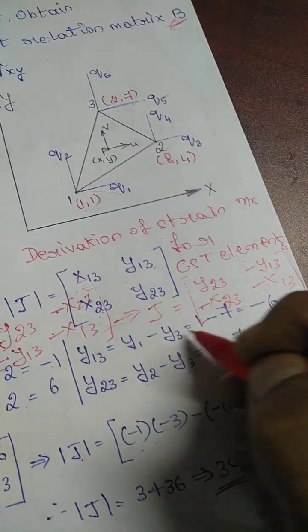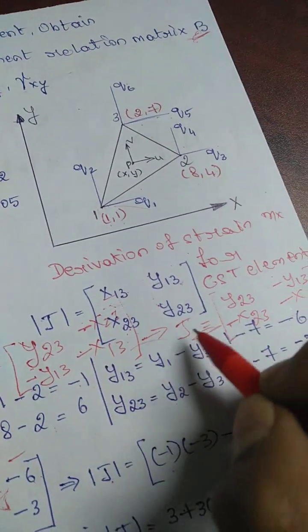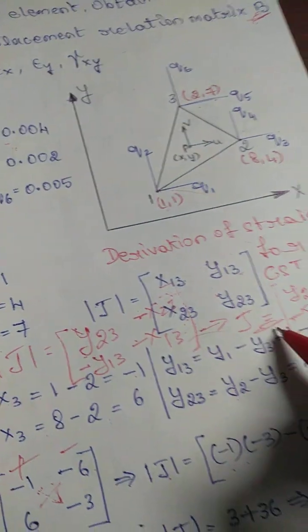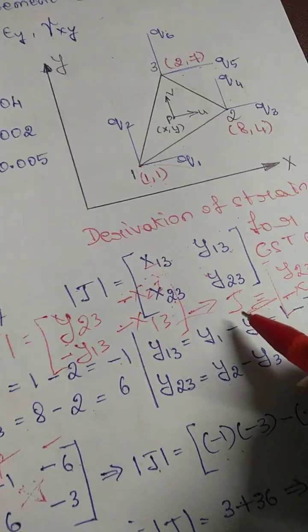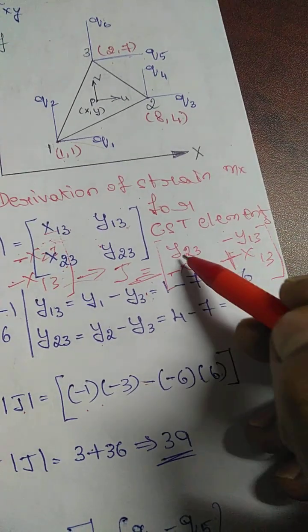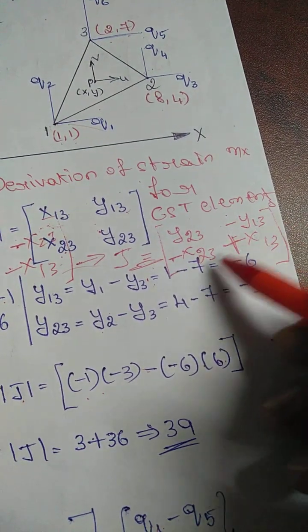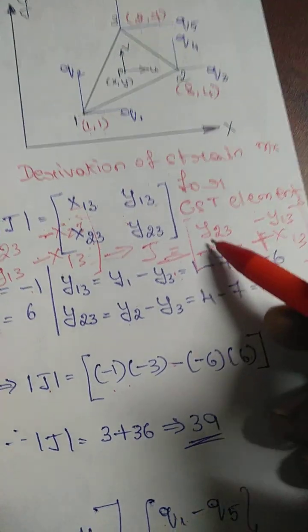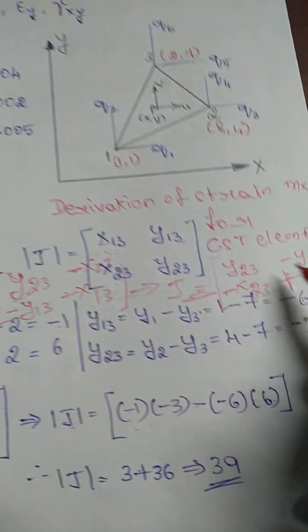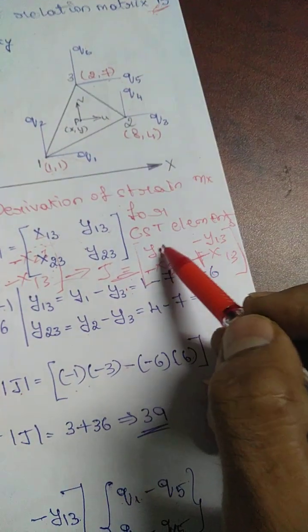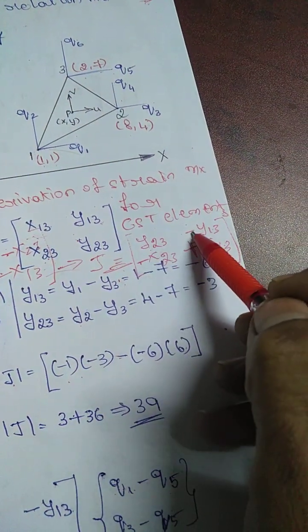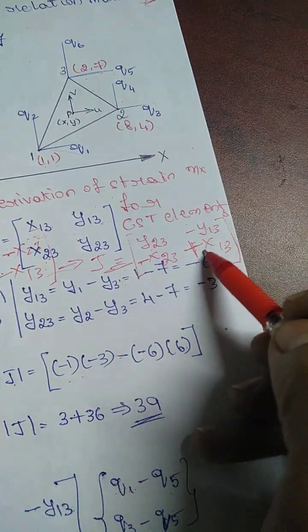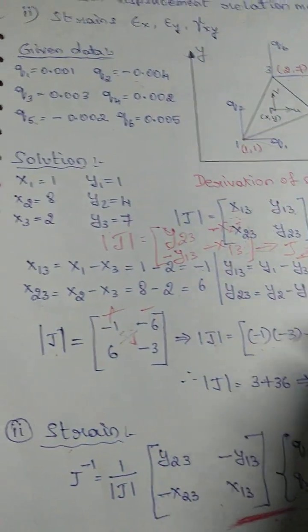Okay, this will be the adjoint of this cofactor. So y23, minus y13, minus x23 plus x13 is the adjoint. Next, we don't have the values of y23, y13, x23 and x13, so we have to find out the values of these x and y.